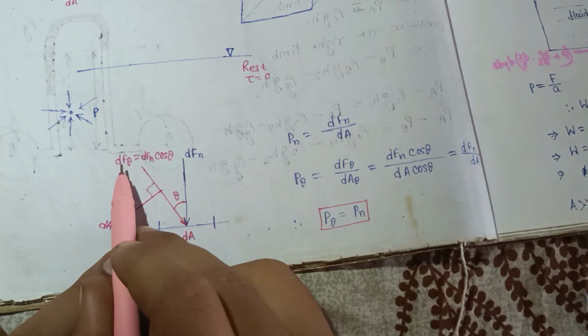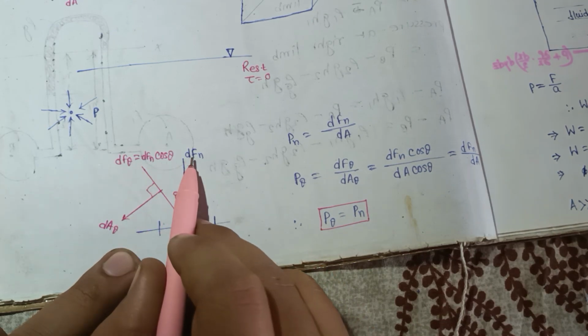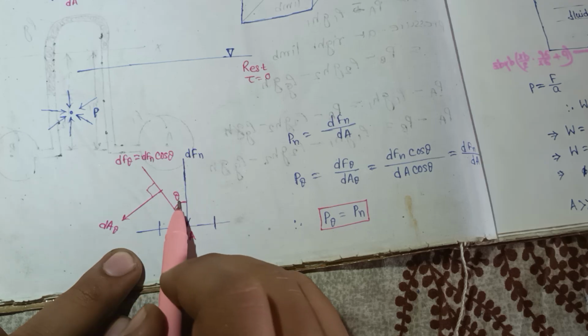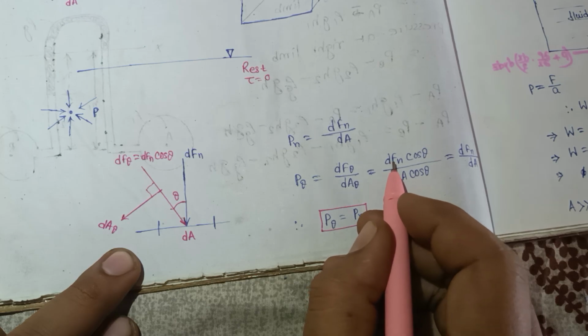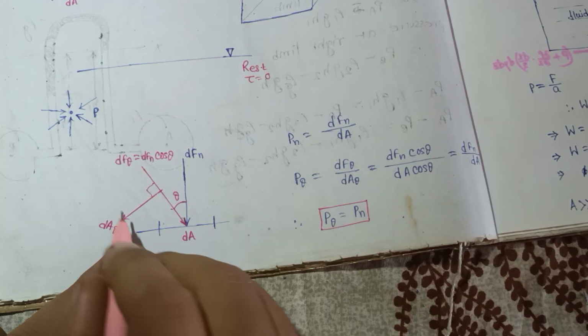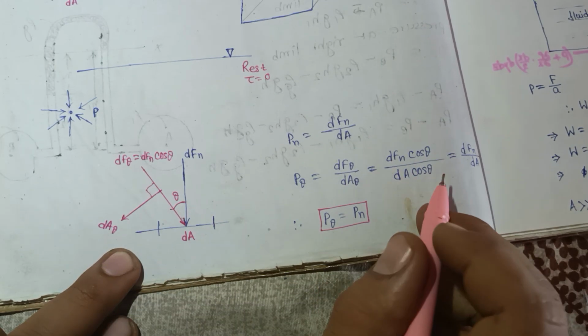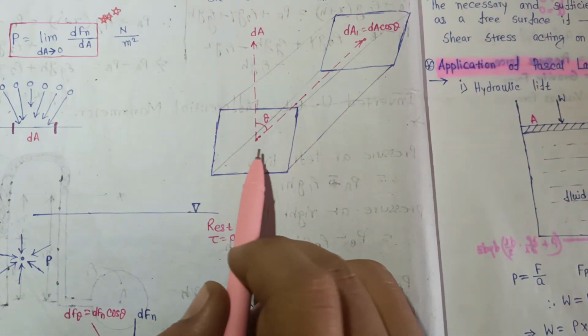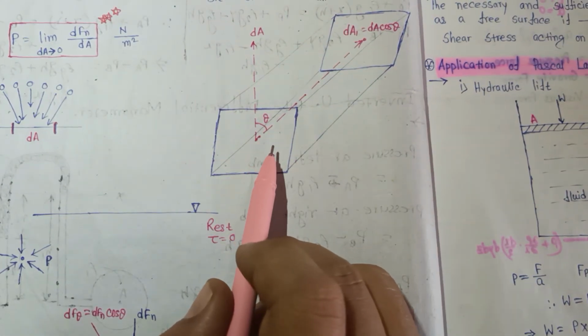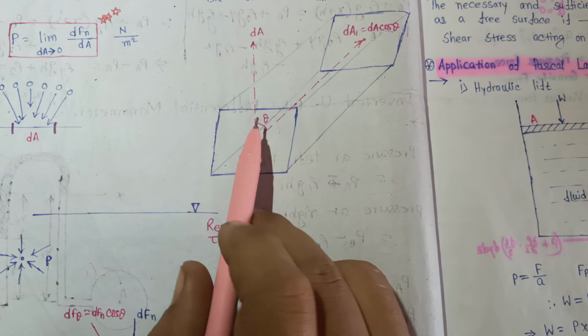This dF theta will be dFn cos theta, and the area is dA cos theta.